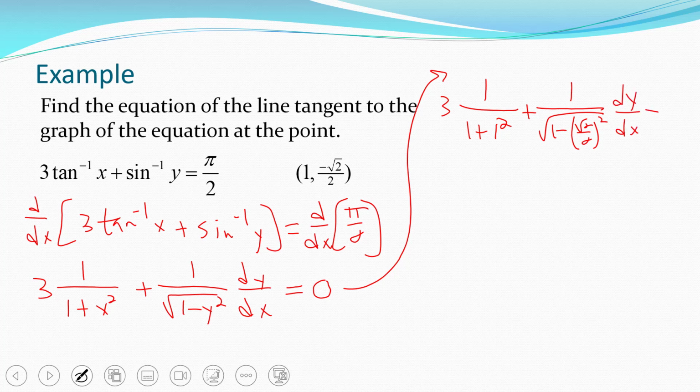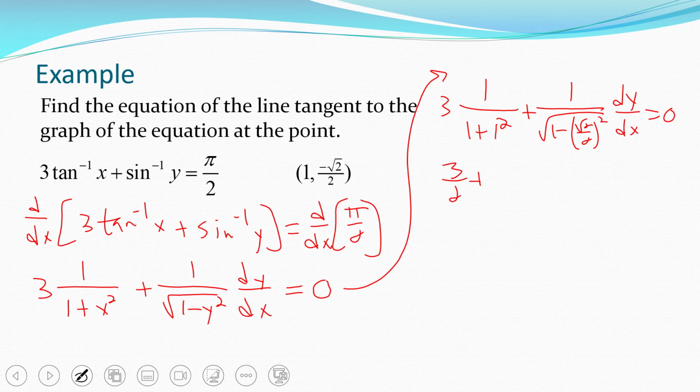And that equals 0. So this then says 3 halves, because 1 plus 1 squared is 2. You have 3 times a half, which is 3 halves. And that's plus. So the square root of 2 over 2 squared is really a half. So that's really 1 minus a half, which is a half. So now you have the square root of a half. The square root of a half reciprocated is the square root of 2.